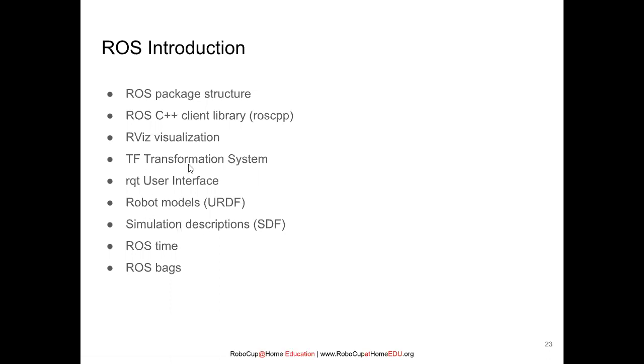TF is about the structure or definition of the frames of reference inside ROS, and RQT is the user interface, the GUI. URDF, SRDF, and SDF are used to define the robot model. Then there is ROS time, which is related to the hertz we used just now, and rosbag is about how you can record all the data and replay it.